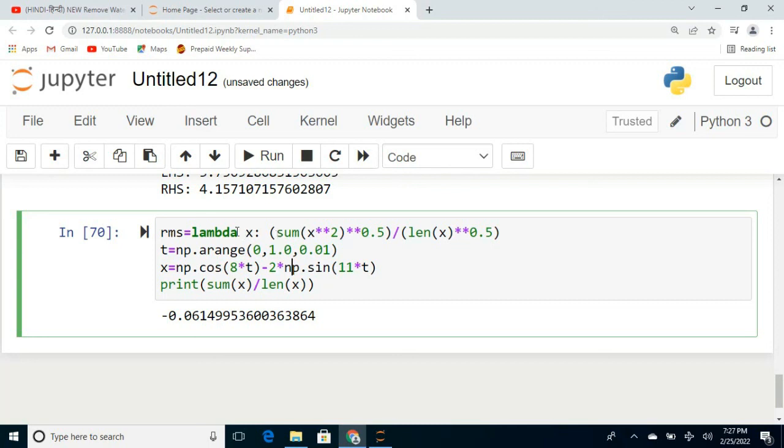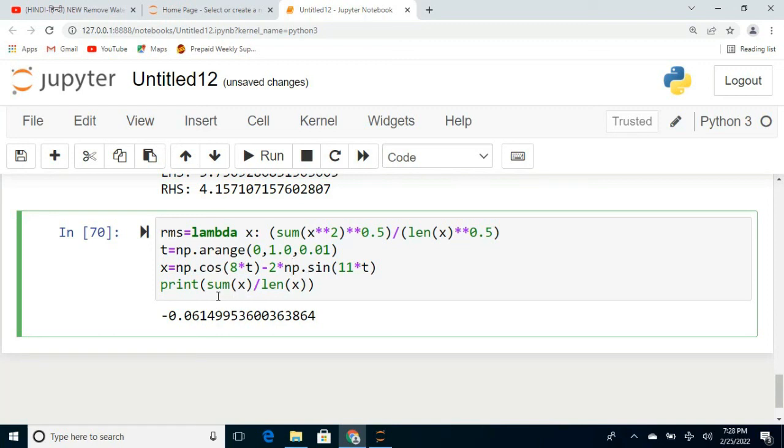RMS is equal to lambda x: the square root of the sum of x squared divided by the natural log of x, and here the value of t is given as 0, 1.0 and 0.001. X is the function.